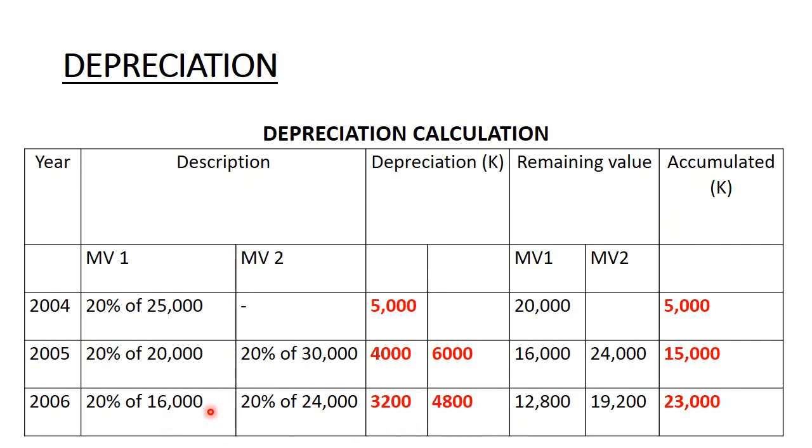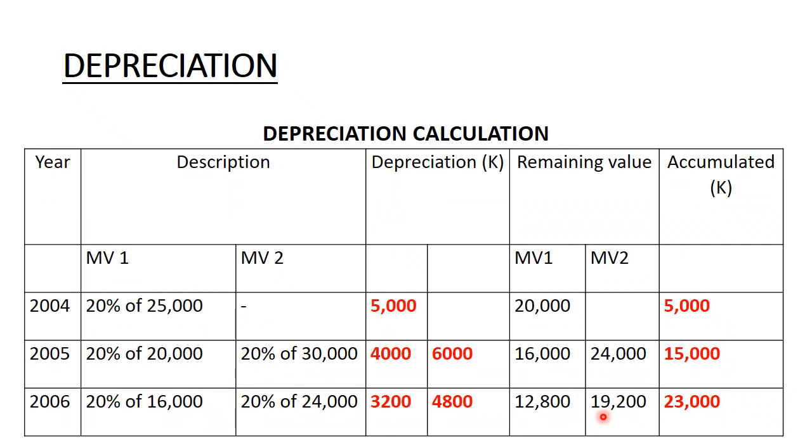So now 16,000 minus 3,200, it's going to be 12,800 as the remaining value of the first motor vehicle. Then for the second motor vehicle, its value is 24,000, right? So it also loses value by 20% of 24,000, which is 4,800.